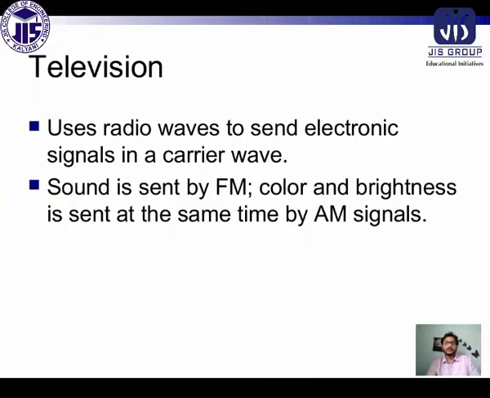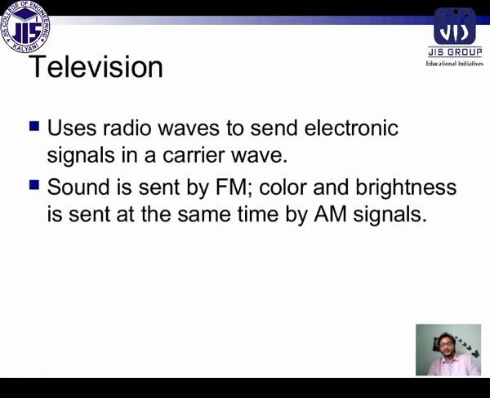Now we come to television. Television uses radio waves to send the electronic signal in a carrier wave, and sound is sent by frequency modulation. Color and brightness are sent at the same time by amplitude modulation signals.